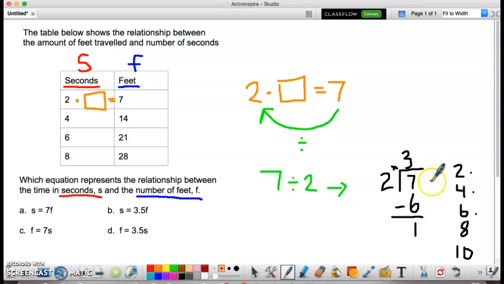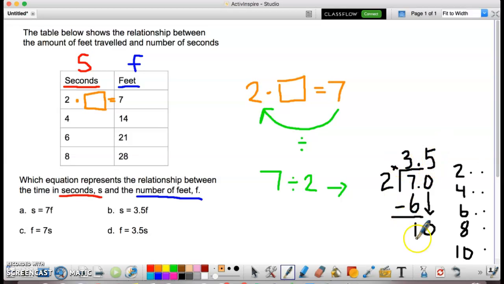Now there's no number to bring down here, and when that happens what you can do is add a decimal with a 0 because 7 is the same as 7.0. And I'm going to put the decimal right up here because now we're talking about the tenths place. So bring that 0 down here, and 2 goes into 10, okay? 1, 2, 3, 4, 5 times.